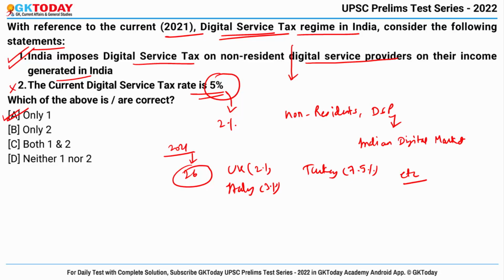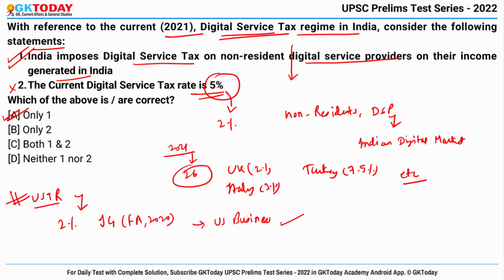So basically it was in news due to the reason that USTR, that is United States Trade Representative, published a report concluding that 2% digital service tax introduced by Indian government by Finance Act 2020 discriminates against US businesses and contravenes settled principles of international tax law.